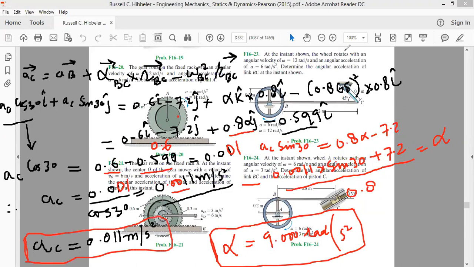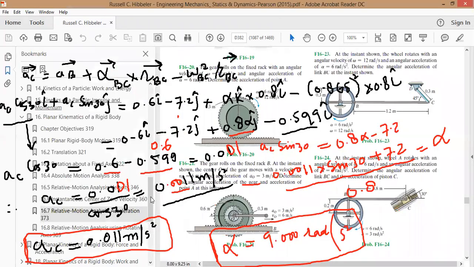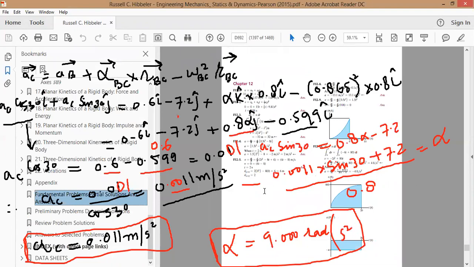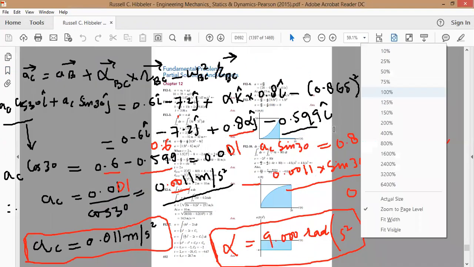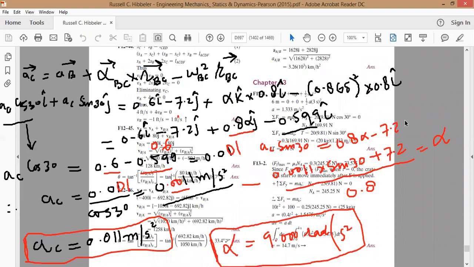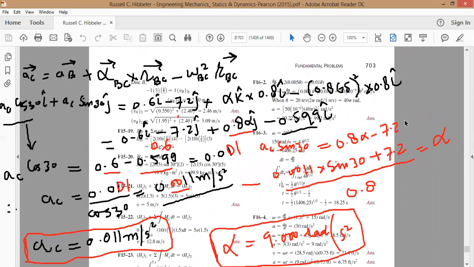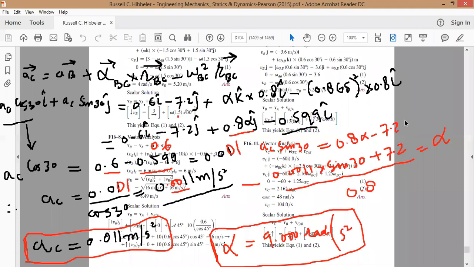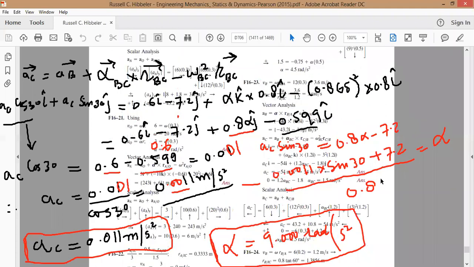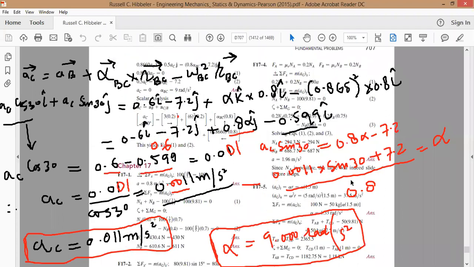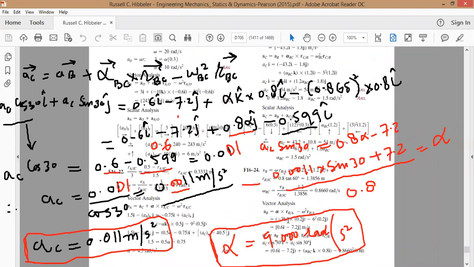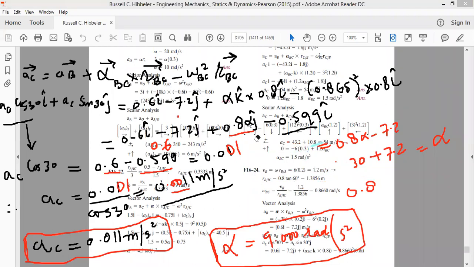Now let's see whether the answers are correct as per the solution. This was our problem F1624. As we go to the F1624 section, it is here. This is our F1624 solution.